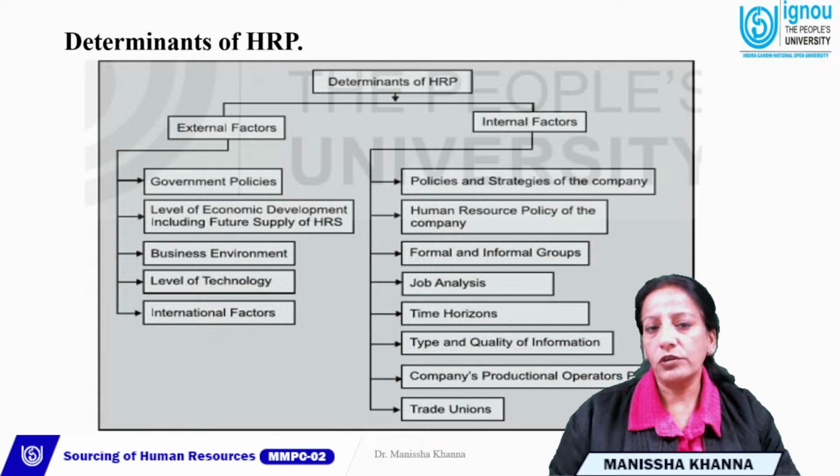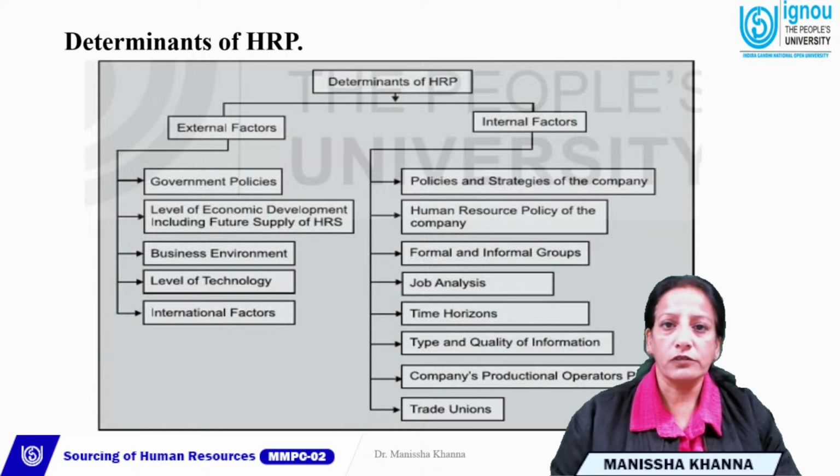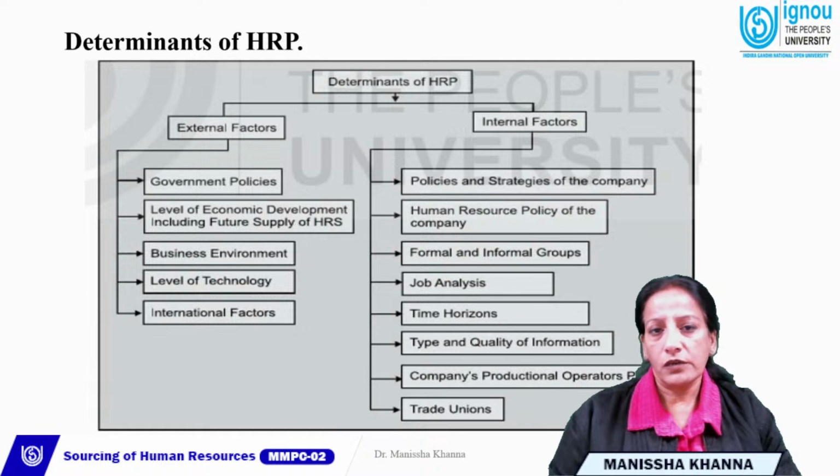We can also quote it as globalization, level of technology. We have seen rapid changes in technological advances day by day, which is also an external factor, and international factors, which also relate with upcoming new industries within the same geographical areas, rapid increase in multinational companies, mergers, acquisitions, and all.